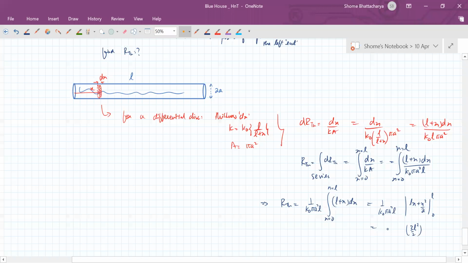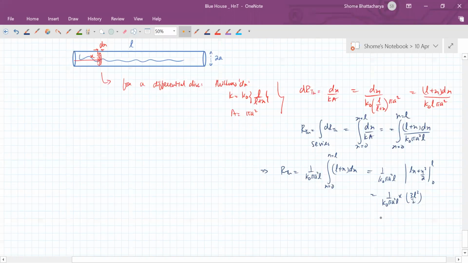This will become 3 by 2 L square, multiplied by this factor. So finally our answer will become 3 by 2 L upon K naught into pi a square. This will be our thermal resistance.